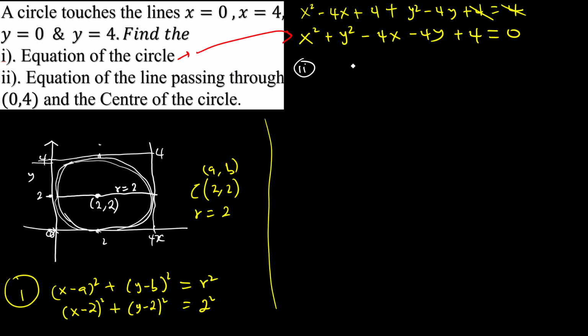The equation of a line is given as y minus y1 equals the gradient times (x minus x1). The line is passing through the point (0, 4) and the newly generated center here.